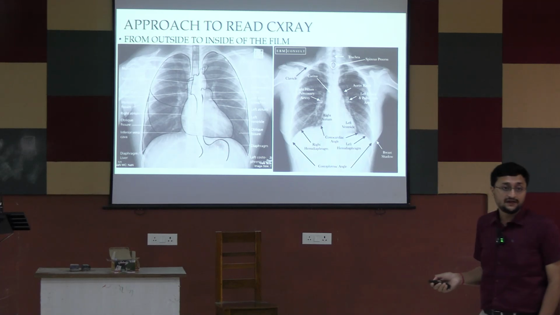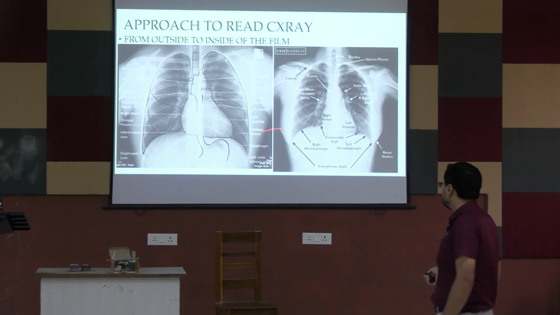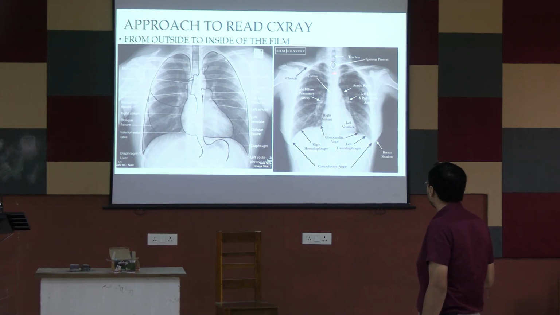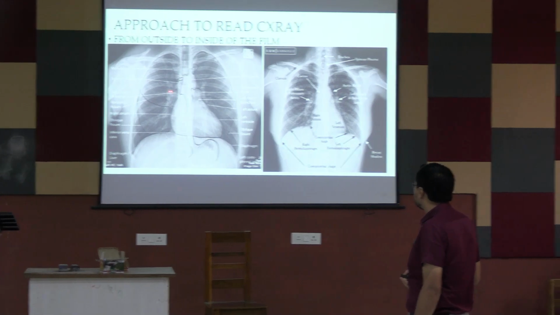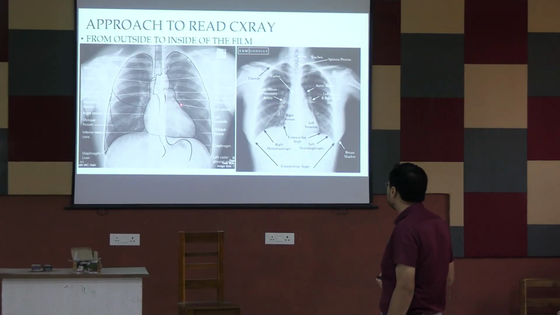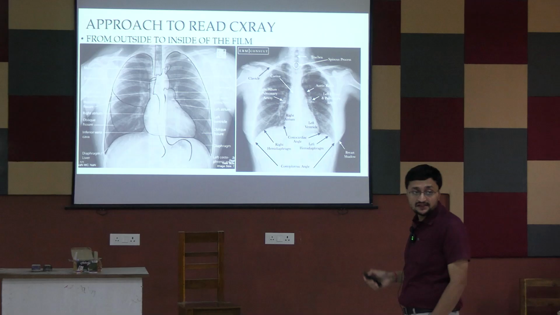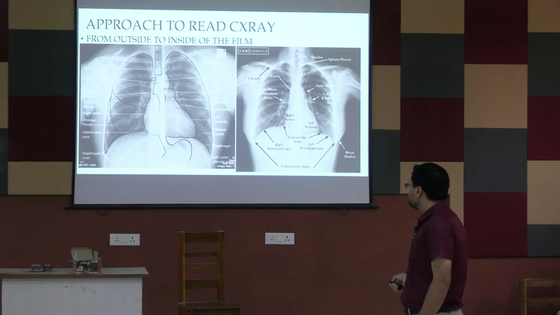This is the fundic gas shadow. And these are the 2 hilums. Okay. So these are the 2 angles, costophrenic and cardiophrenic angles. This is the costophrenic angle. These are the cardiophrenic angles.